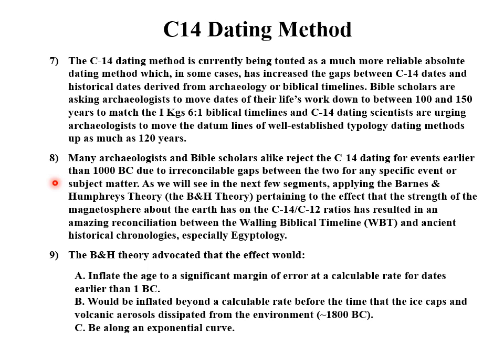So we took the B&H theory, especially in regards to the magnetosphere and its effect on carbon-14 dating, and we looked at the Egyptological timeline compared to the biblical timeline, took that theory and made some adjustments. The B&H theory advocated that the effect would inflate the age to a significant margin of error at a calculable rate for dates earlier than 1 BC.